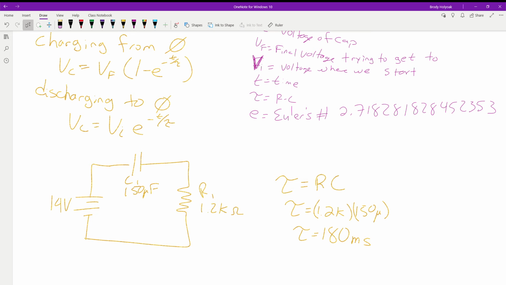We're going to go from tau equal to 1, 2, 3, 4, and 5. We want to go all the way up to 5 tau, which is fully charged. First thing I want to know is how much time is that going to take? What's the voltage of the capacitor at that time? And what percent of my VT are we at?